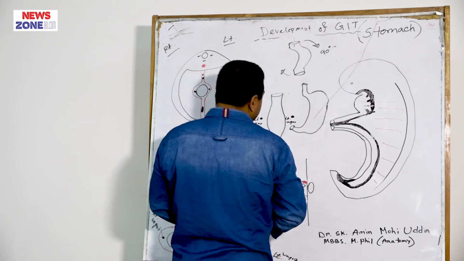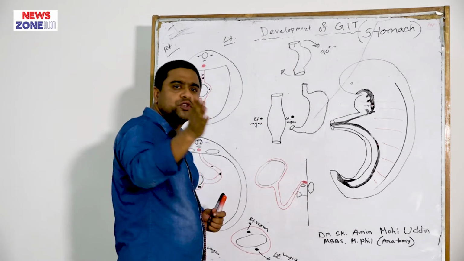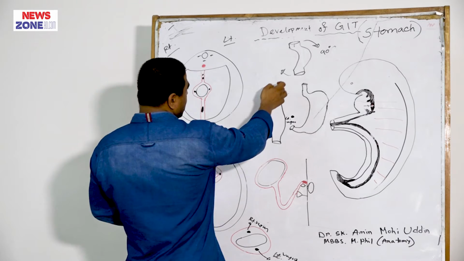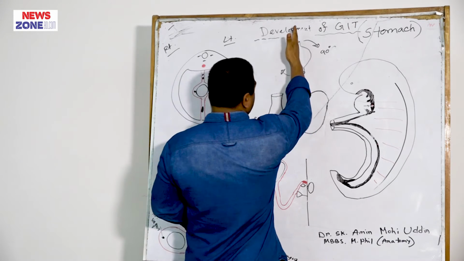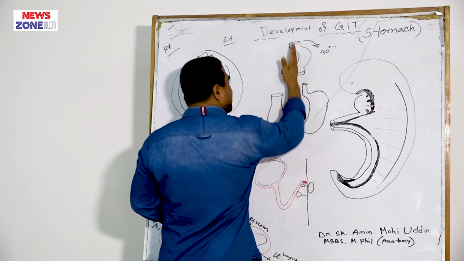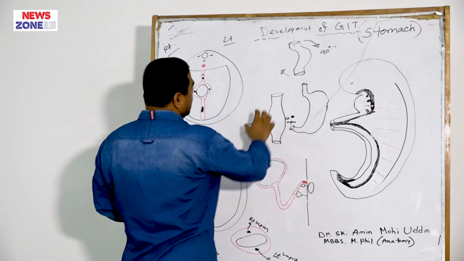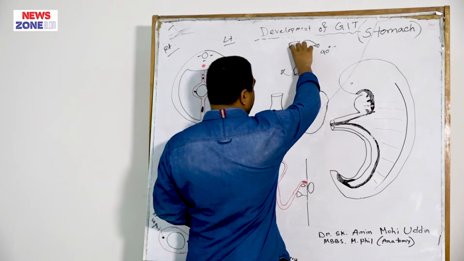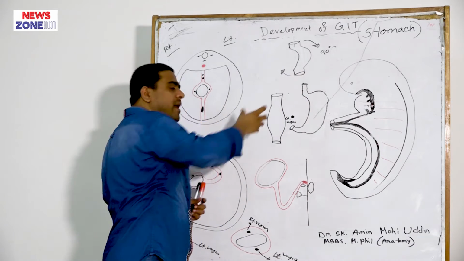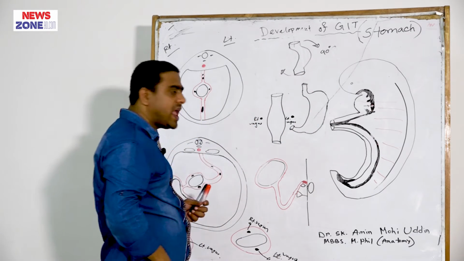It also rotates around the anterior-posterior axis. Actually the cardiac end and pyloric end lie in the same midline in the very beginning of development. Now this part of the gut tube, the stomach, rotates around the anterior-posterior axis.